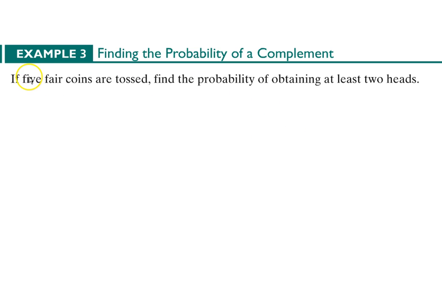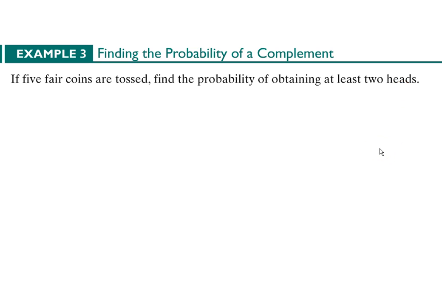Now, here, again, we didn't do section 1 of this unit, where if 5 fair coins are tossed, find the probability of attaining at least 2 heads.